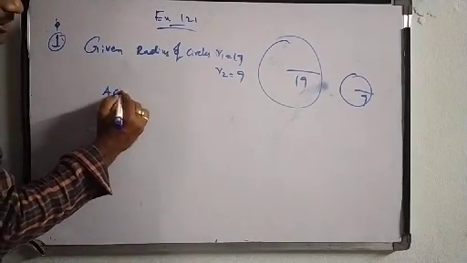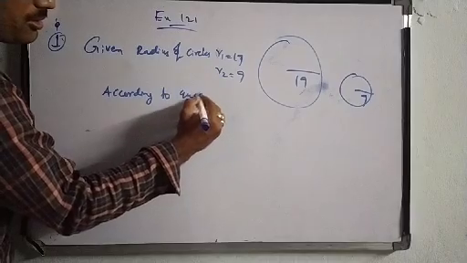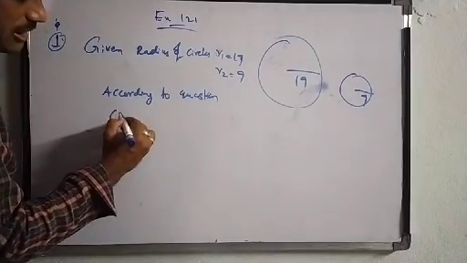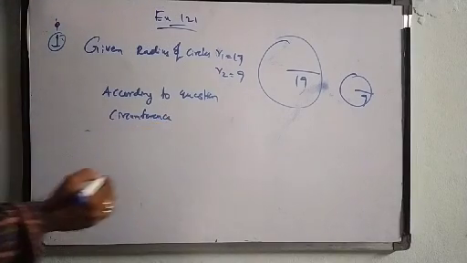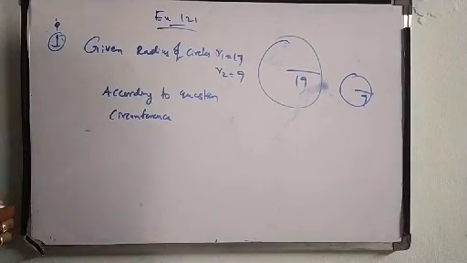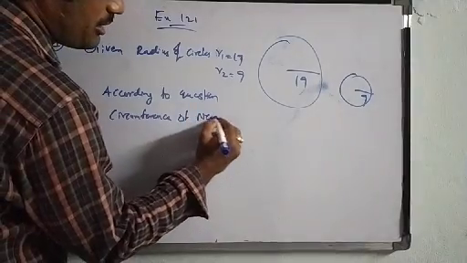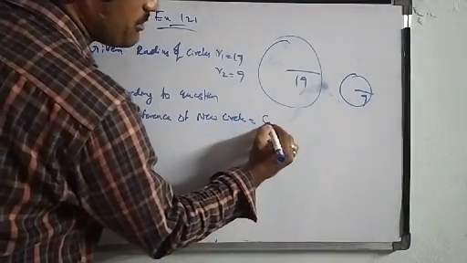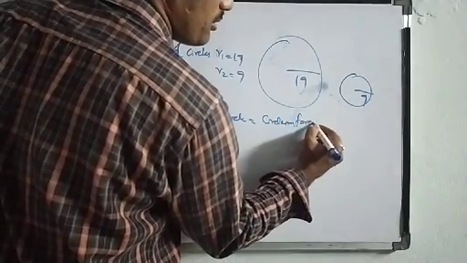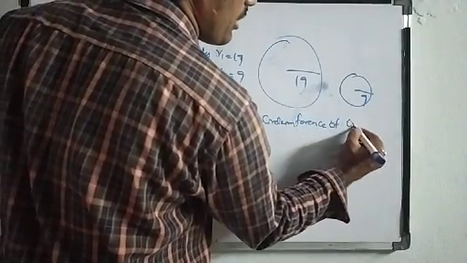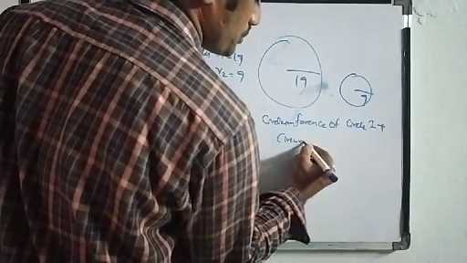So according to the question, the circumference of the new circle is nothing but the circumference of circle 1 plus the circumference of circle 2.